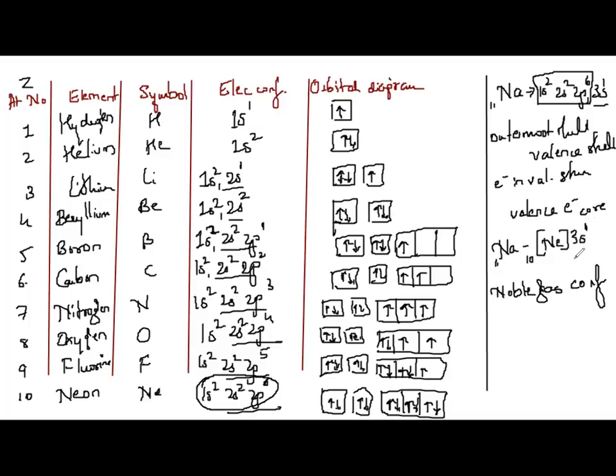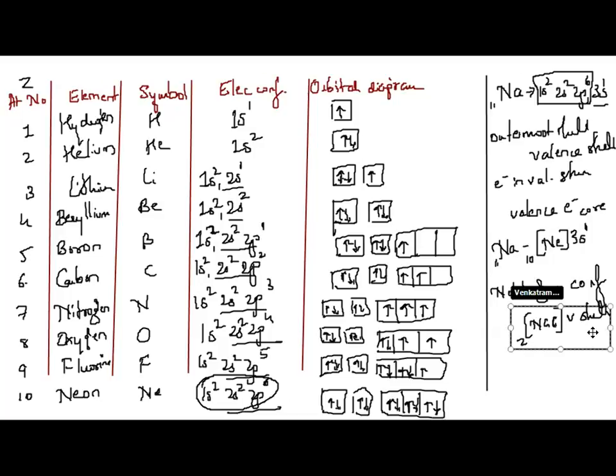I will represent it like this, 3s1. Are you all understanding? So this is another way of writing the electronic configuration: representing the noble gas configuration in a box, writing the atomic number here and writing the valence shell here. Yes, understanding? So this is another way of representing the electronic configuration.